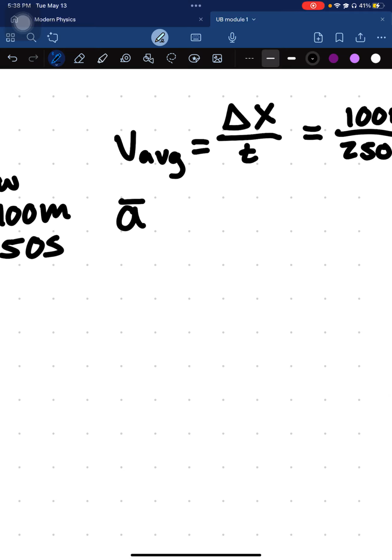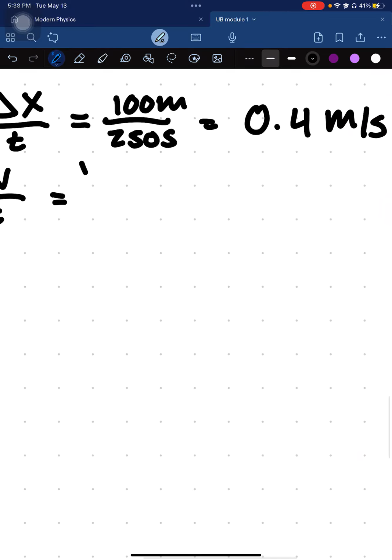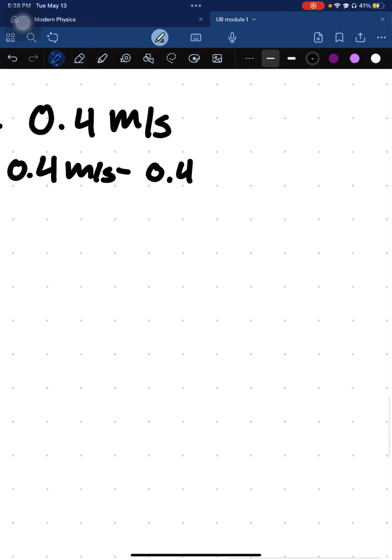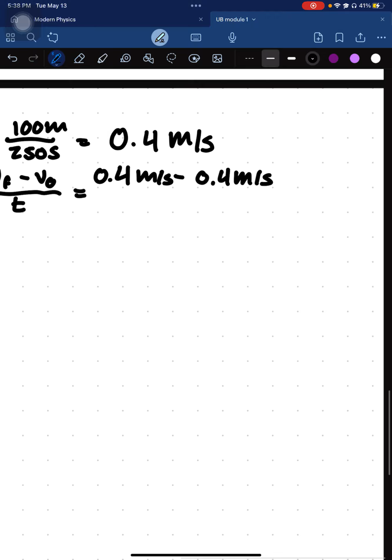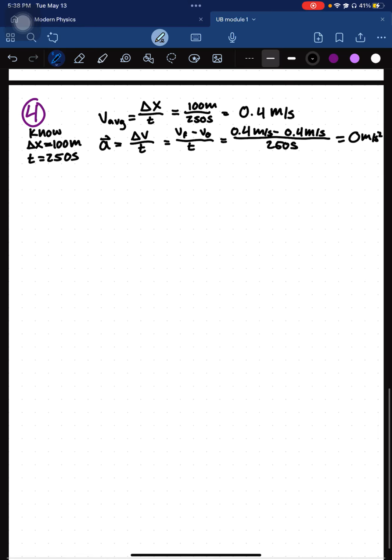We know that our acceleration is equal to delta V over T, where this is equal to VF minus V naught over T equals 0.4 meters per second minus 0.4 meters per second all over 250 seconds, and this equals 0 meters per second squared. Just ran out of room.